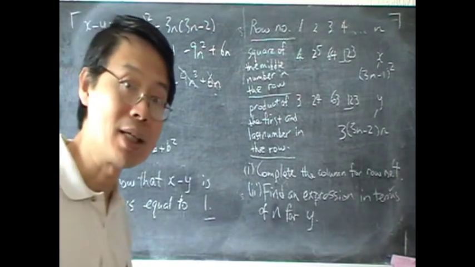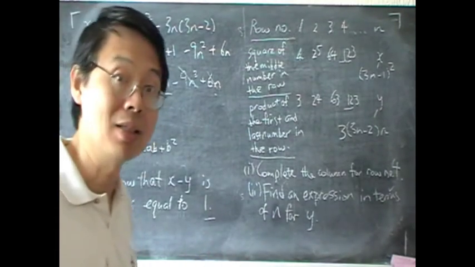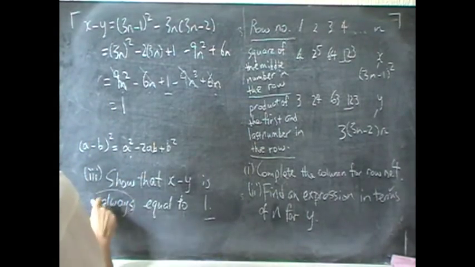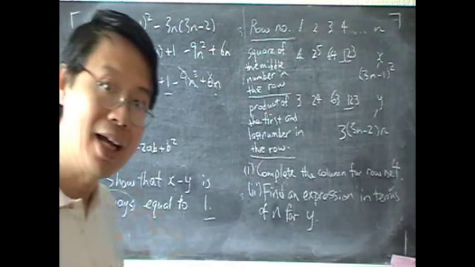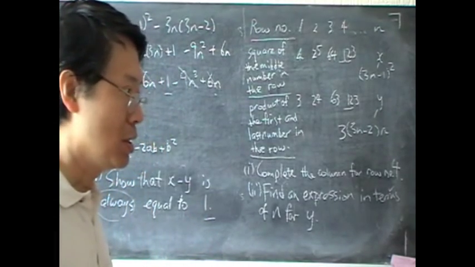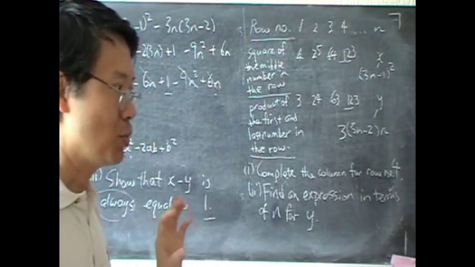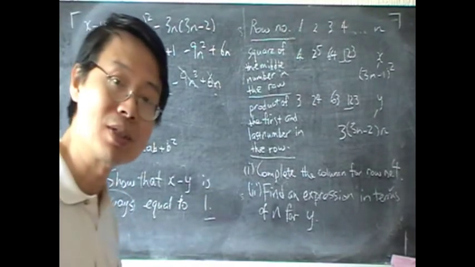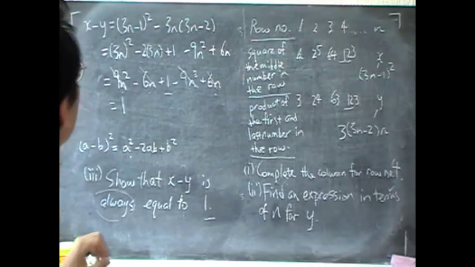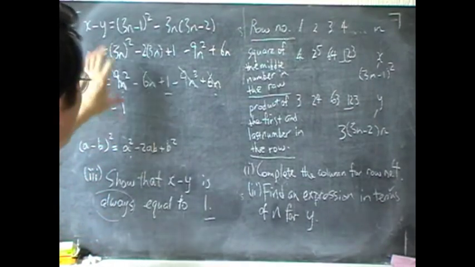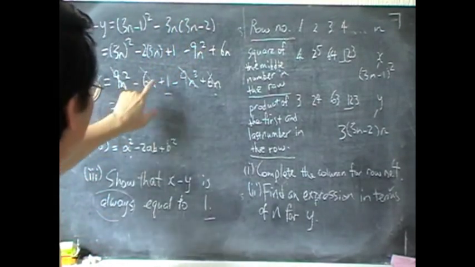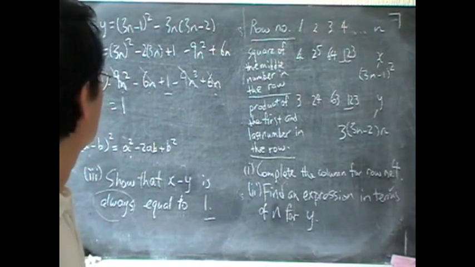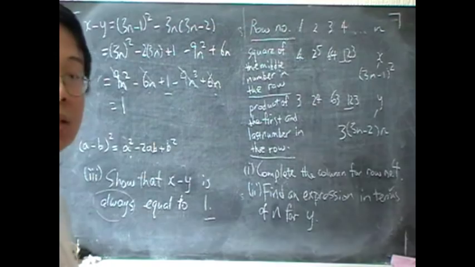Of course, x and y can have other values in another question, but for this particular question, always means for any value of n. We must be careful when we see the word always, because the word always can be confusing. So in this case, after doing all this calculation, all the n's cancelled off, they disappeared, and this is what we get in the end.